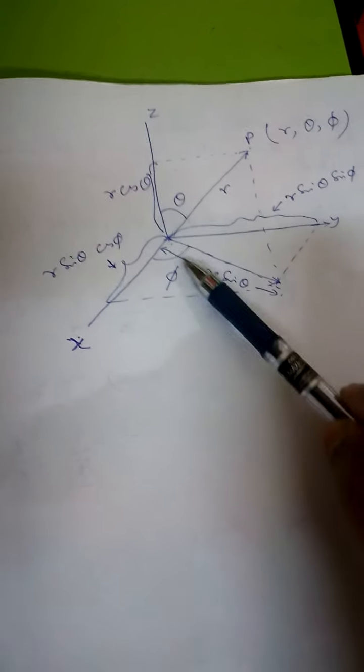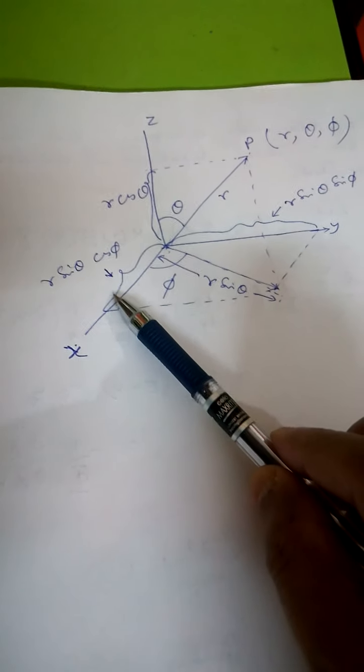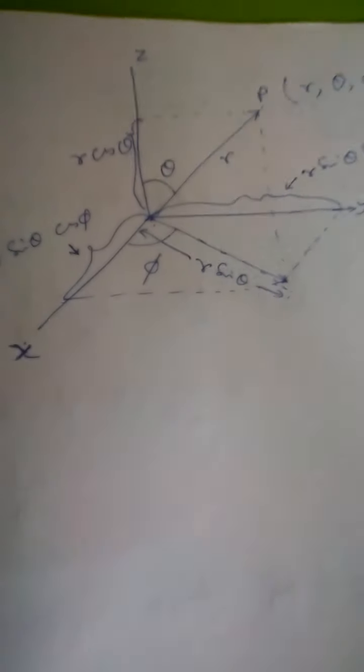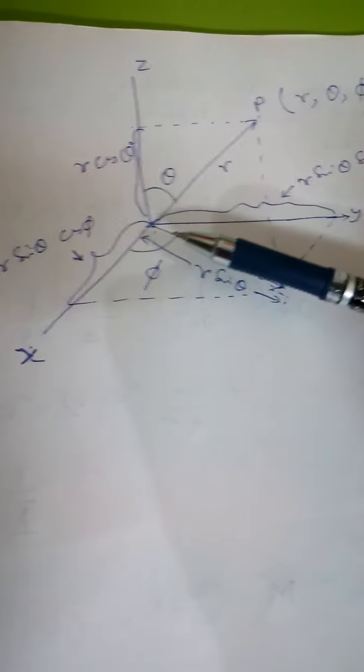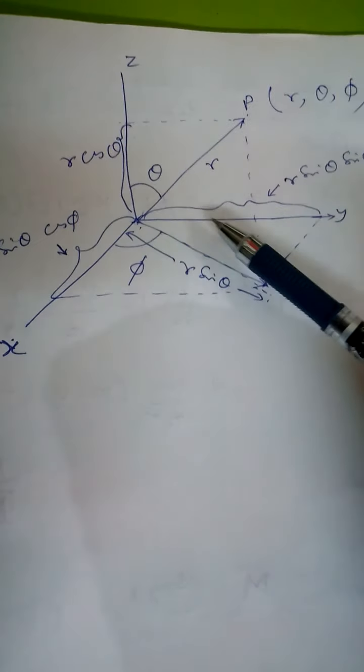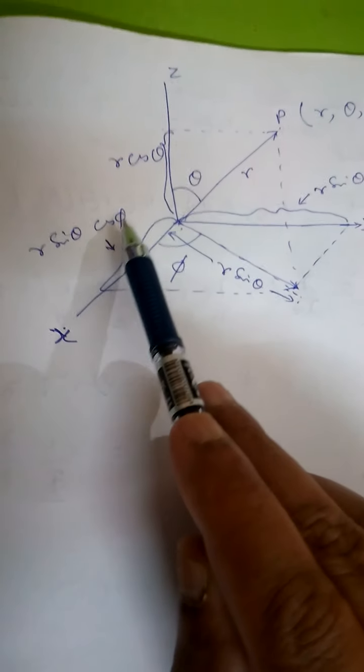So its x component should be r sin theta cos phi, and the y component should be r sin theta sin phi. Is it clear?